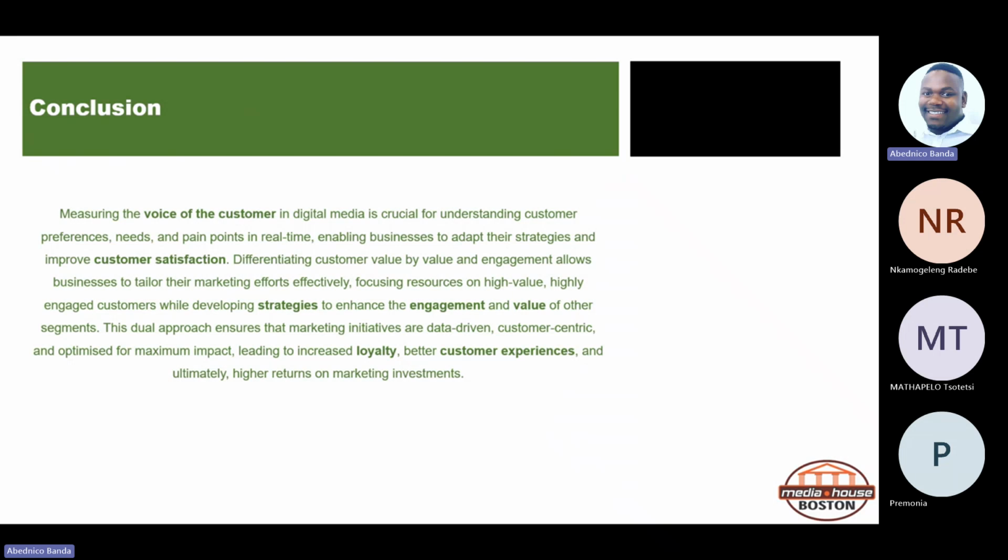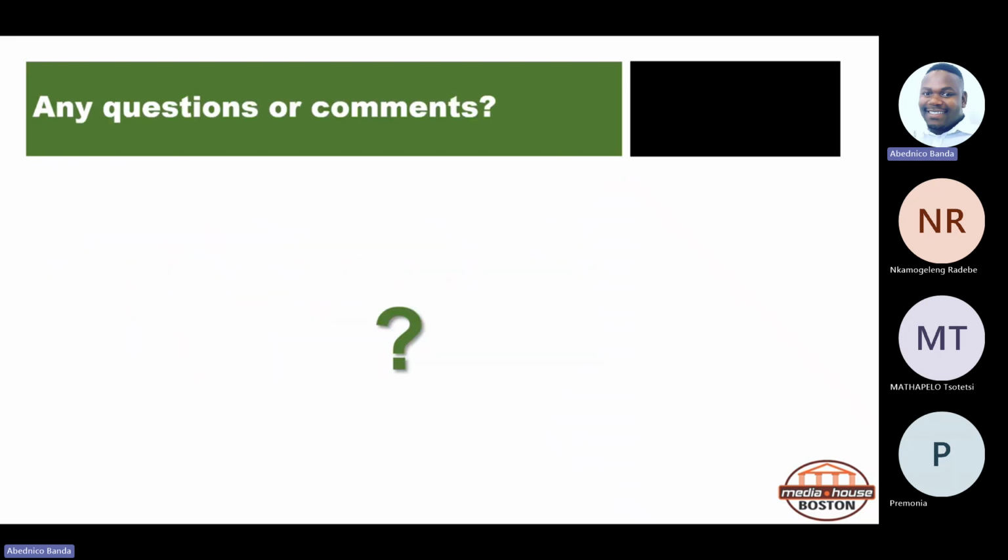This dual approach ensures that marketing initiatives are data-driven, customer-centric, and optimized for maximum impact, leading to increased loyalty, better customer experiences, and ultimately higher returns on marketing investments.